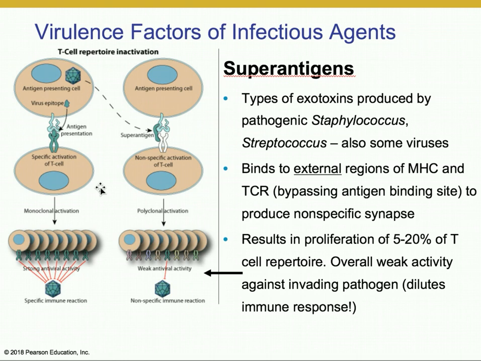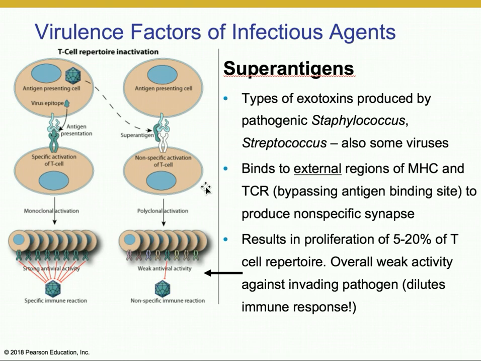Well, what about the case of a superantigen? Say the superantigen, and again, these are types of toxins produced by staph, strep, and also some viruses, as in this illustration. The virus may produce this molecule, the superantigen showing here, which connects this antigen-presenting cell with a T cell, but it's a non-specific T cell.